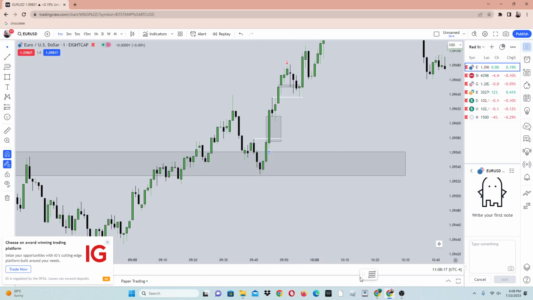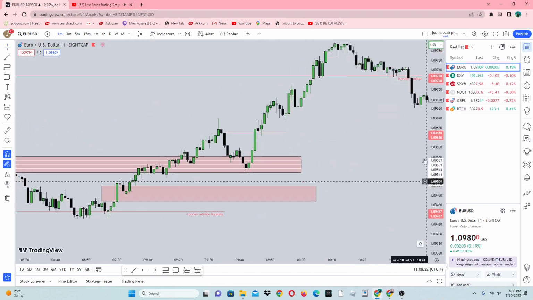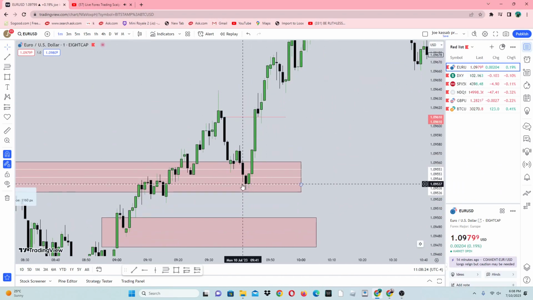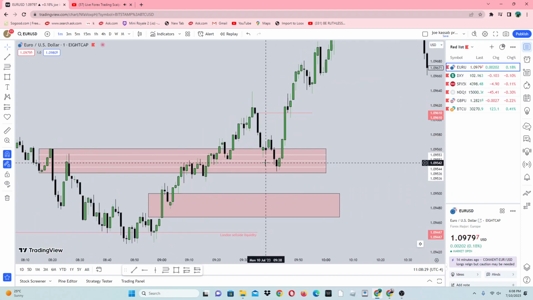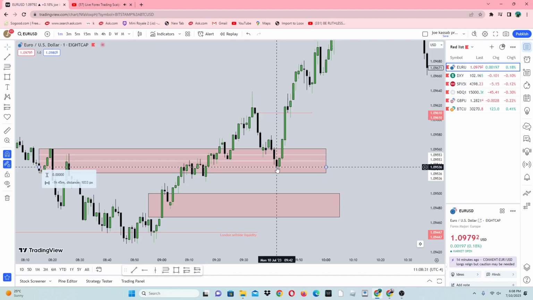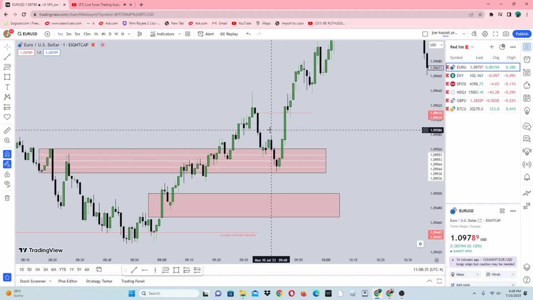If you can see, this is the 75%. What I saw is the bodies are respecting the 75%. Then I waited for this swing high to be broken, and I entered the trade.